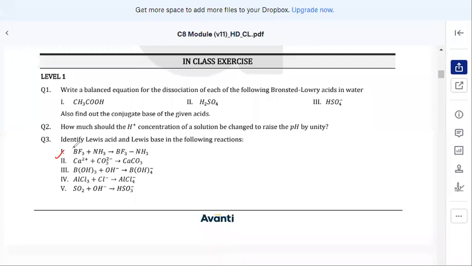Yes, very good. Since BF3 is electron deficient, it is your acid, and NH3 has a lone pair, so it is your base. Okay, very good.